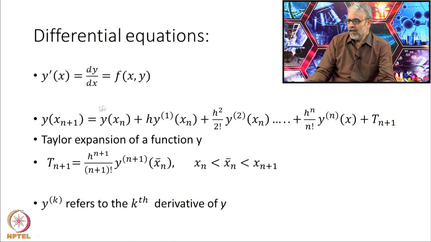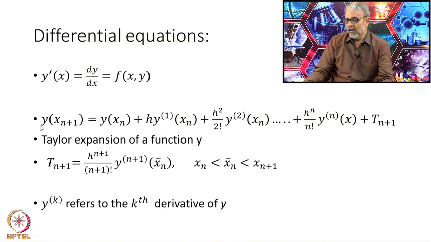The strategy is again to expand y in a Taylor series. So, when I expand y as a Taylor series, y at a new point n plus first point is given in terms of y at xn plus h into y1 xn, h is the spacing between xn plus 1 and xn. So, y1 xn is the first derivative, h square by 2 factorial into y2 xn, this is my second derivative.